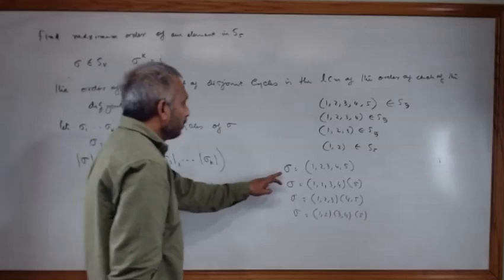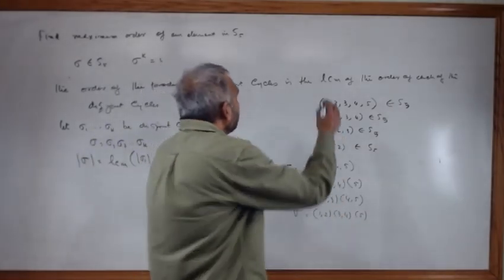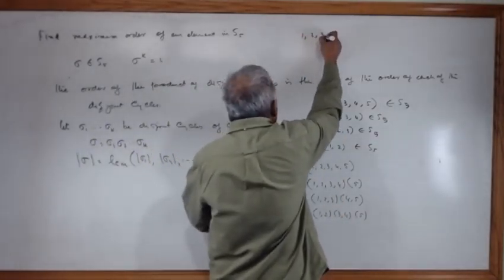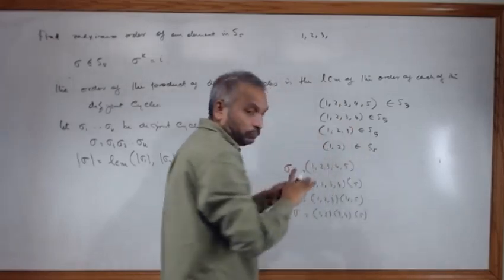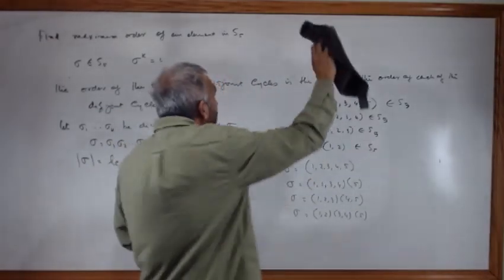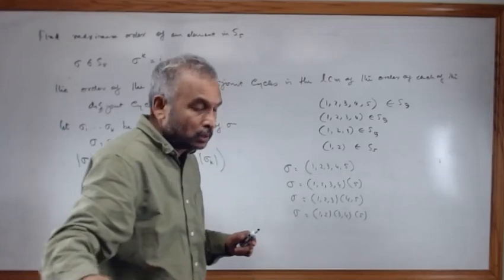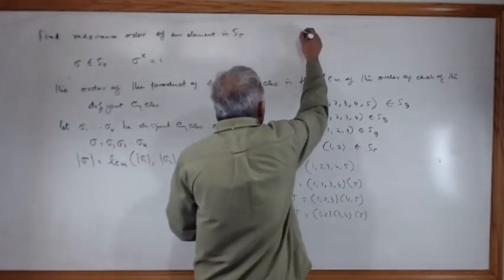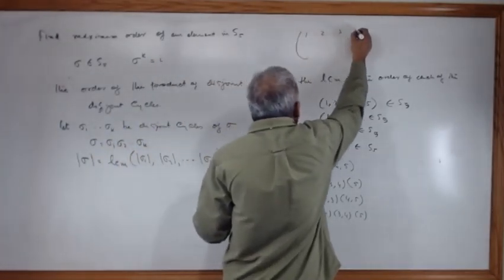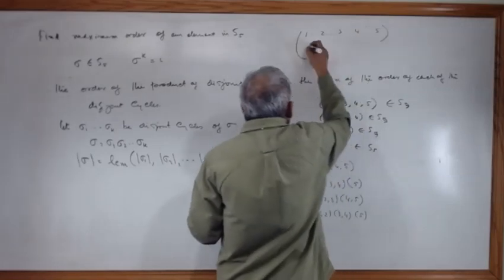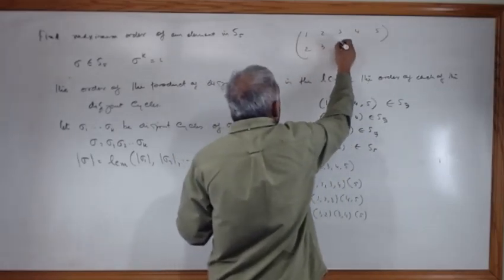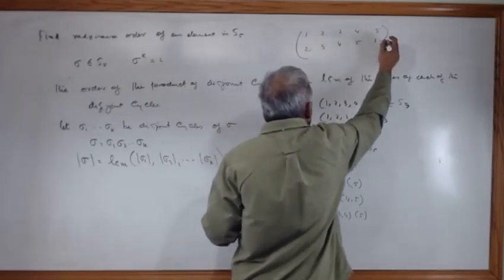And what is the order of this? If you take (1 2 3 4 5), what does this mean? 1 goes to 2, 2 goes to 3, 3 goes to 4, 4 goes to 5, 5 goes to 1.